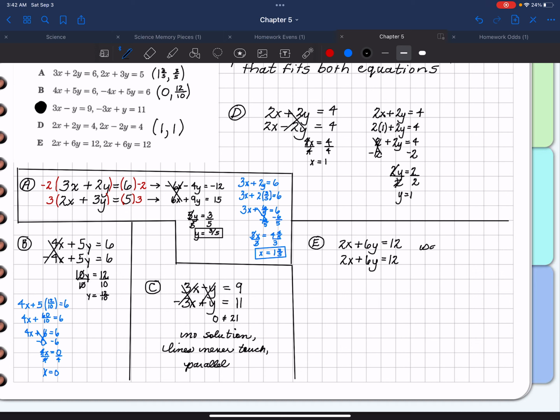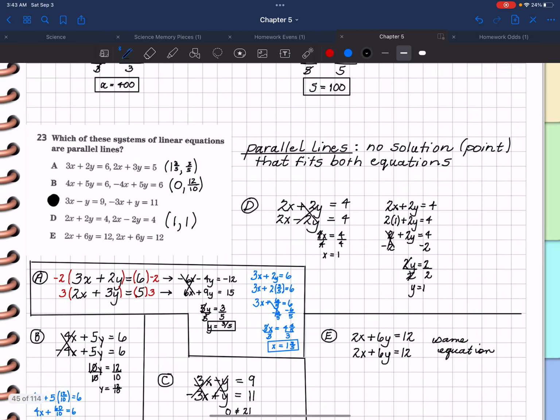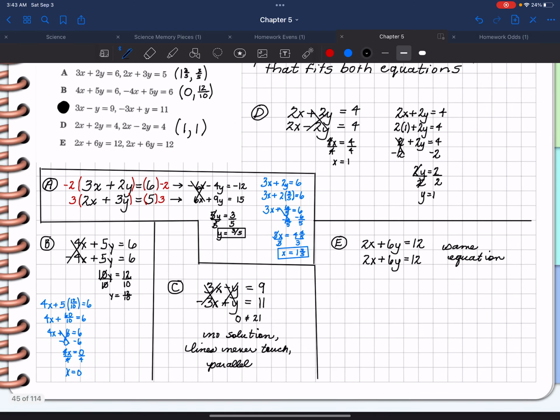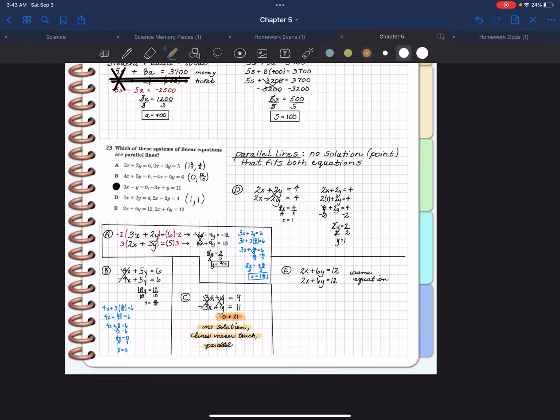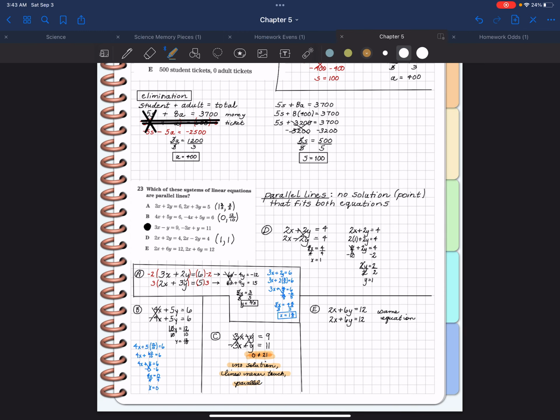It's the same equation, so you can't find a solution if it's the same thing. So that one, not going to worry about it. The answer that has no solution, right here, is C. It's a good question, but it's a lot of work.